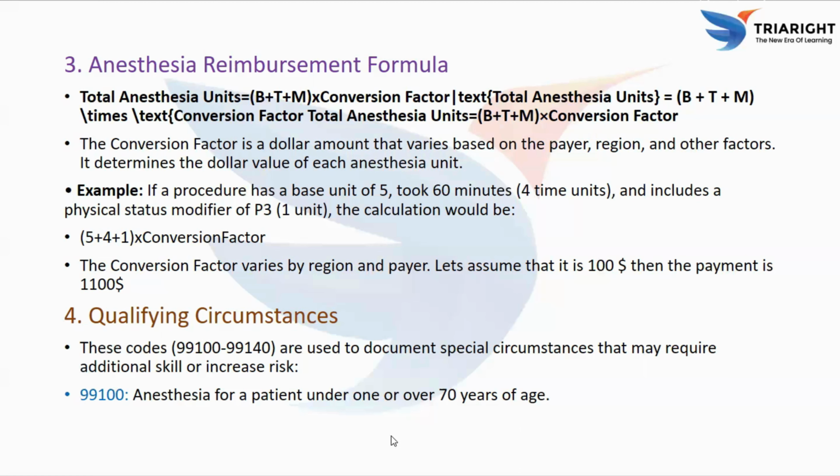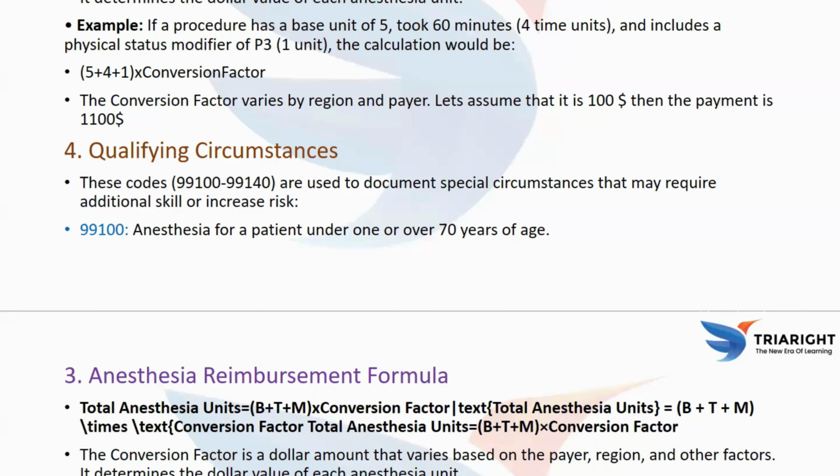Why? Because very young and elderly patients are more sensitive to anesthesia, so they need more careful monitoring. Many payers, including Medicare, do not pay extra for the 99100 code, but it is still important for documentation.